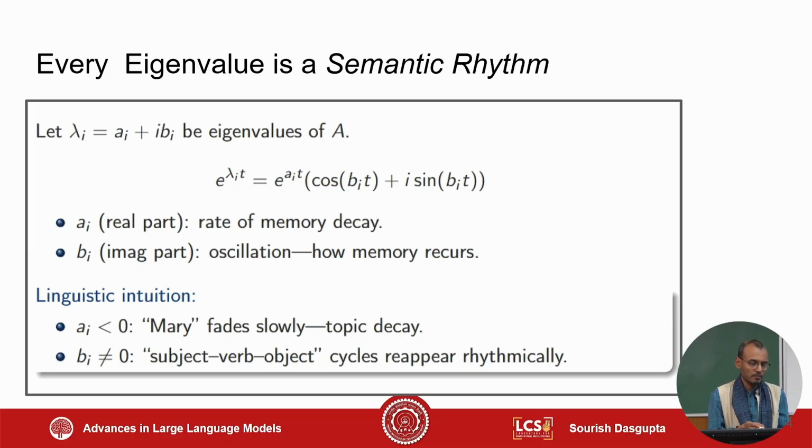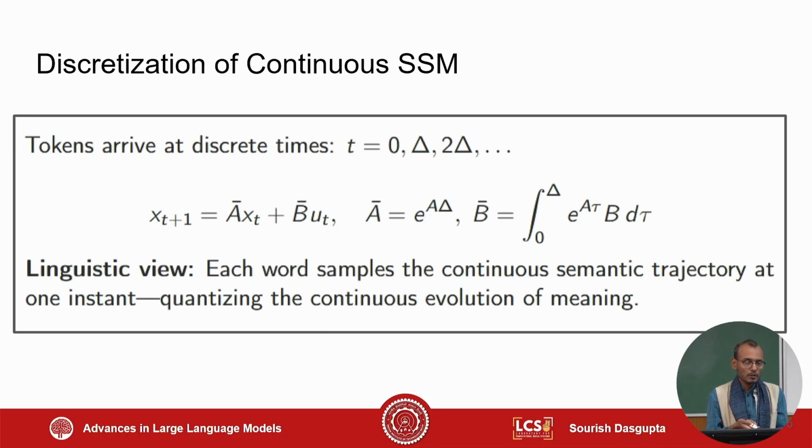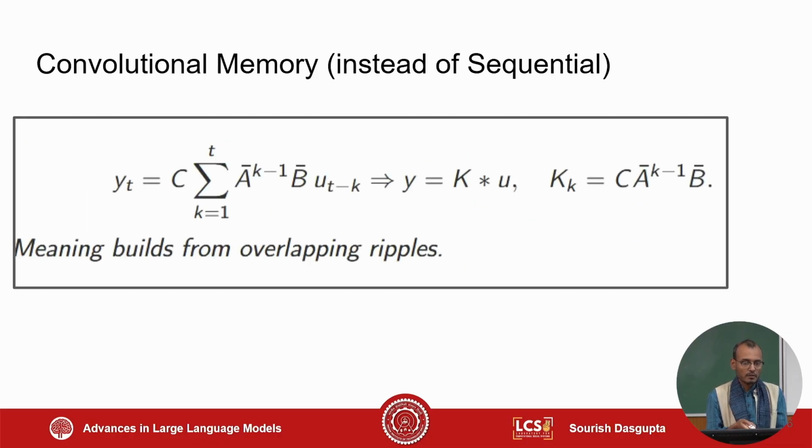The real part means the rate of memory decay, and the imaginary part means how memory recurs over time. Then we saw the discretization, with the zero order hold assumption, and we said we don't want sequential memory, so we rewrite it by unrolling as a convolutional memory.